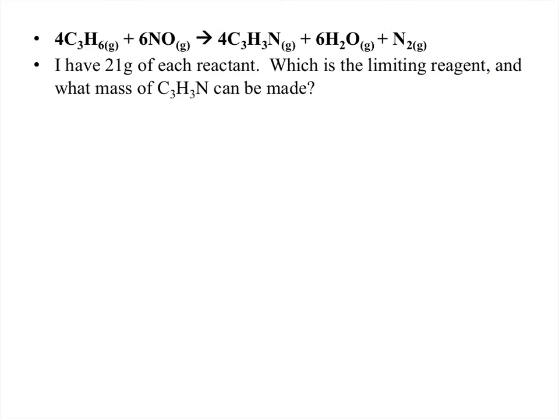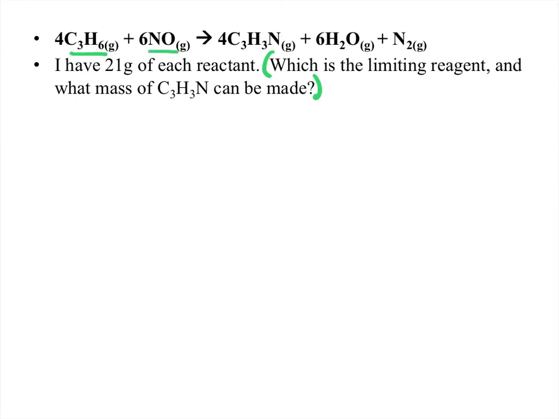This next example, I'm also just going to give you the answer for to see if you can match the work. So pause this video while you work out this problem. It should take you a few minutes. All right, so this ultimate question is two different things. Which one is the limiting reagent? Is the C3H6 limiting or is the NO limiting?